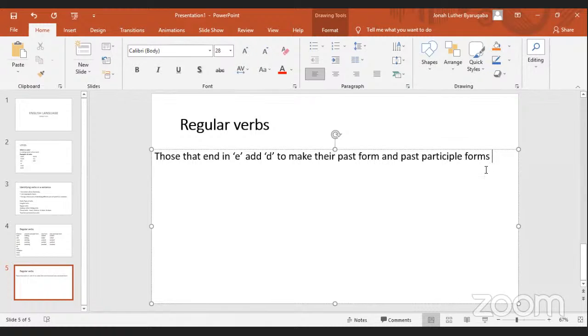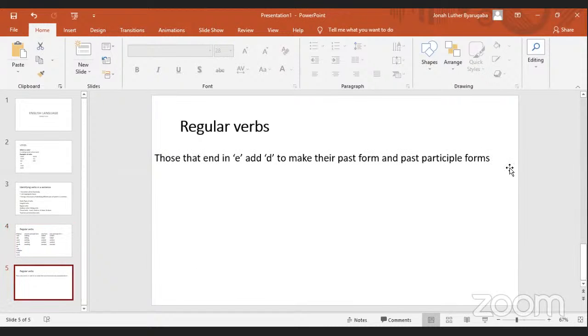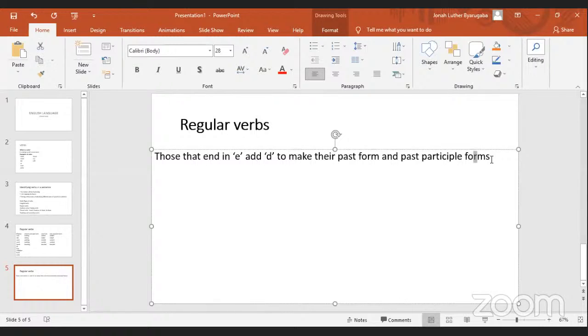God bless you. So we are going to look at those verbs. They are also quite many in number. They include words like live. Here we simply add letter D. Here we have been adding ed to the infinitive, but here we are going to add D. When you get time, you will find many of them, but I can give you a few.